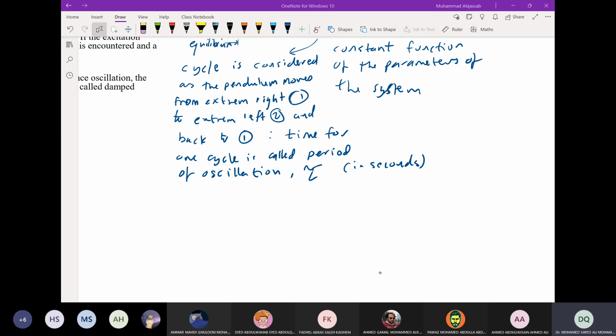But when you have 2 pendulums, let's say we have this pendulum here and another pendulum, a 2 joint pendulum with L1 M1 and L2 M2. This is called 2 degrees of freedom, and instead of having 1 natural frequency, there will be 2 natural frequencies.